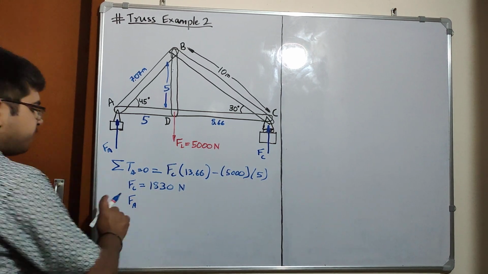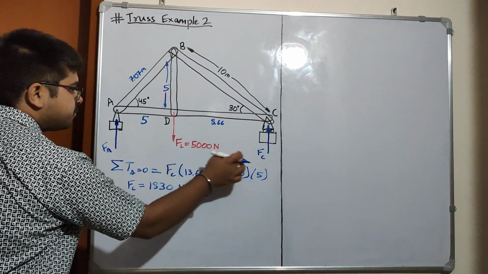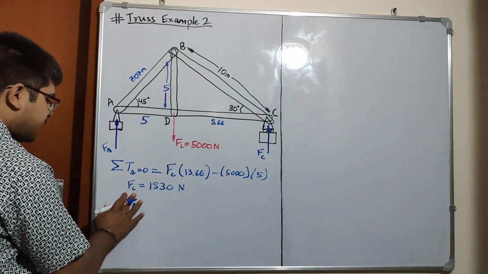So we have FA, we have 5000 plus, I'll write the equation here.